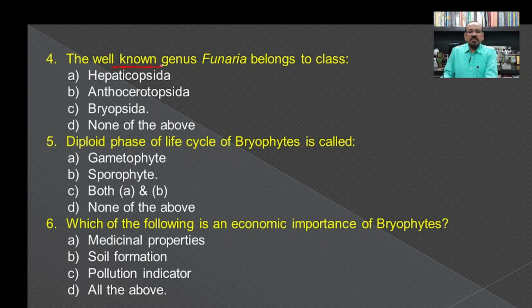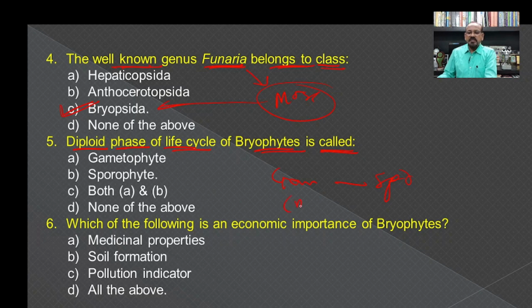Then, the well-known genus Funaria belongs to the class. Funaria is a moss, and the members of Bryopsida are considered mosses, and hence C will be the correct answer for this question. Then, the diploid phase of the life cycle of Bryophytes is called: we know in plants there are 2 different types of phases, the gametophytic phase and the sporophytic phase.